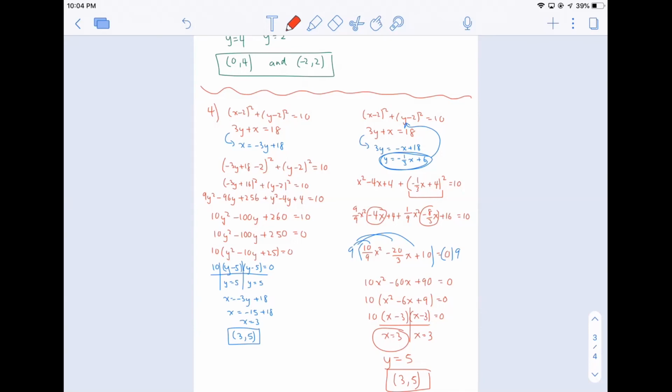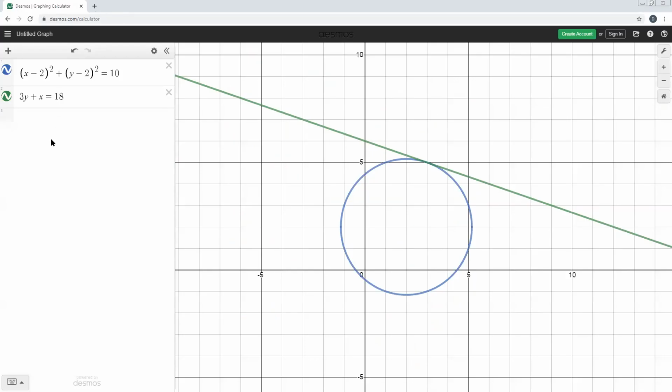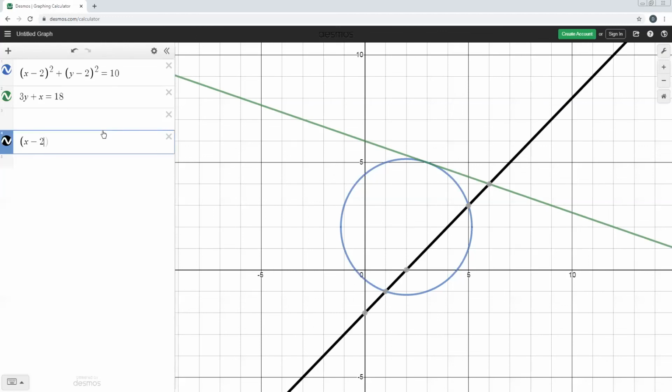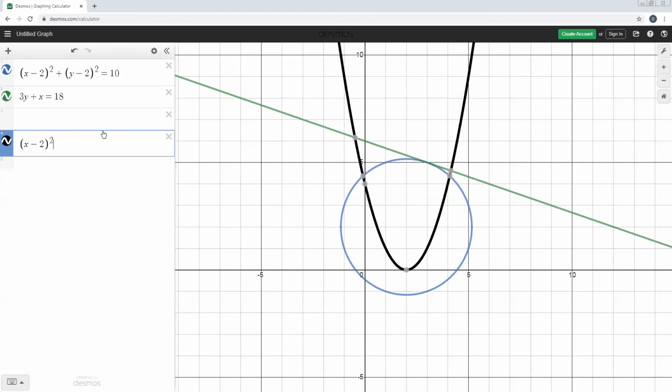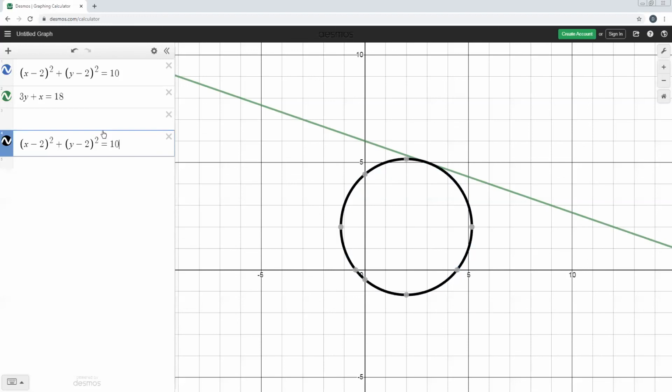And last thing, let's just check this real quick. Again, I'm going to be doing this on Desmos. So let's take a quick look. (x minus 2) squared plus (y minus 2) squared equals 10. And our second equation was x equals negative 3y plus 18. Oh, I already did this.